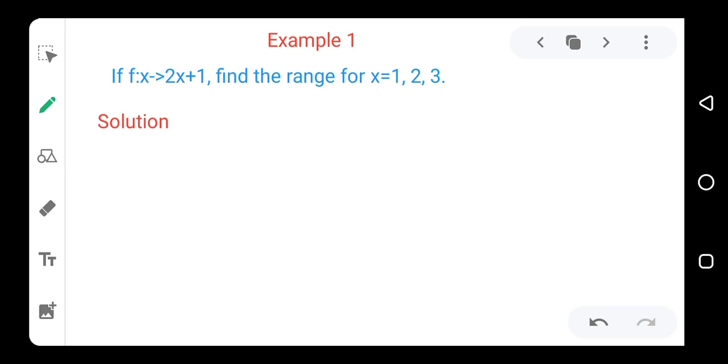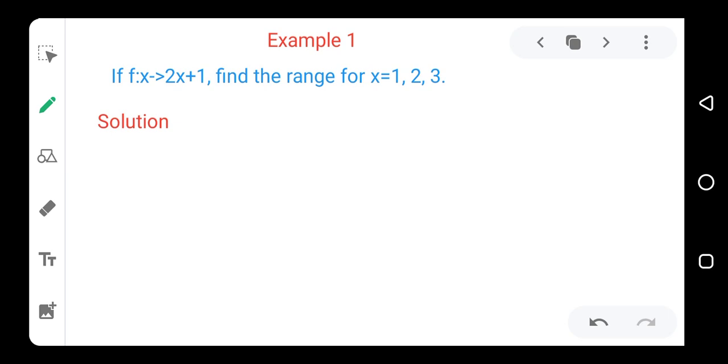Now let's look at some examples. In this example 1, we are asked: given a function of x such that f(x) is equal to 2x plus 1, find the range for x equal to 1, x equal to 2, and x equal to 3.